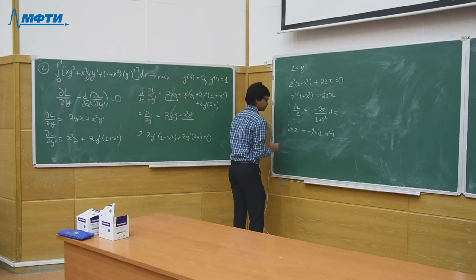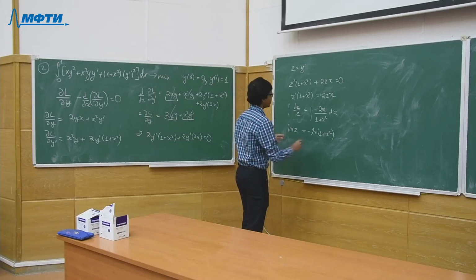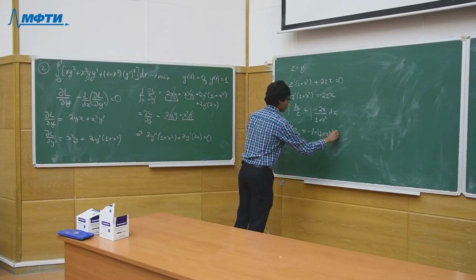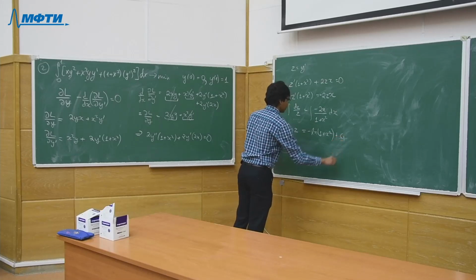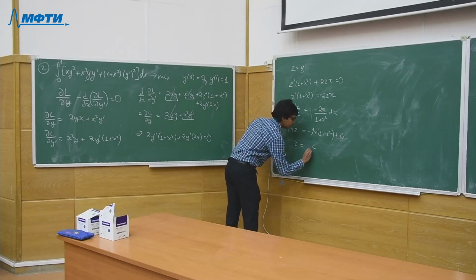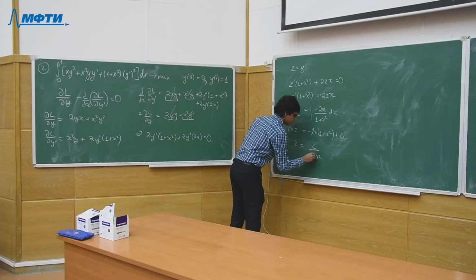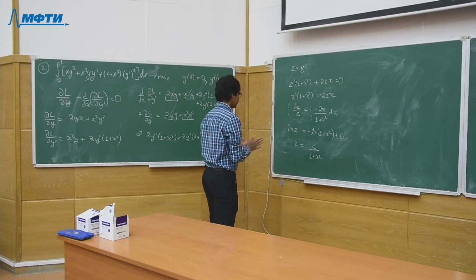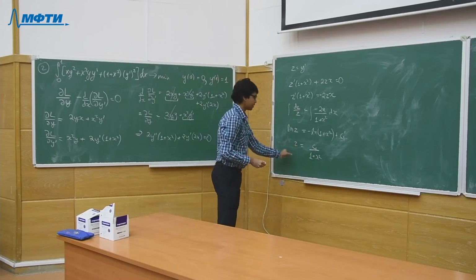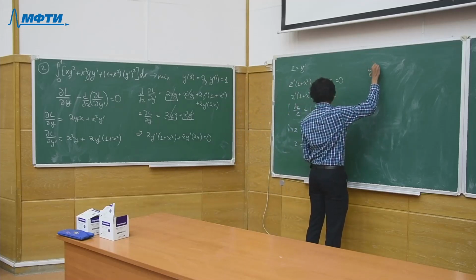After this we will eliminate the logarithmic functions. So z is equal to c divided by 1 plus x squared. This is y prime, and next we find y.